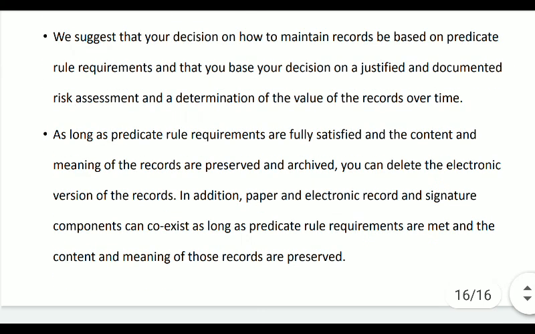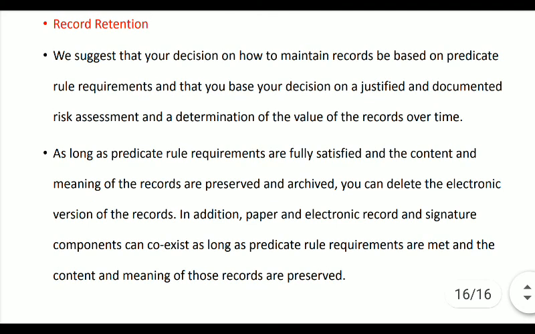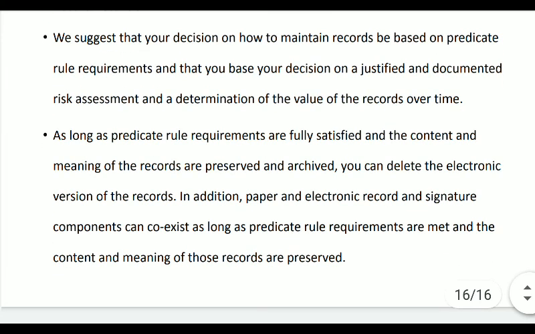That means once you are submitting data or record to the US FDA and once they are satisfied, you can delete that particular data. Normally nobody deletes data, but here there is an option. Otherwise you can still keep that data even if it is approved by the US FDA, and it is more advisable that whenever you have the facility, you develop a storage facility where you can archive or store your old data.